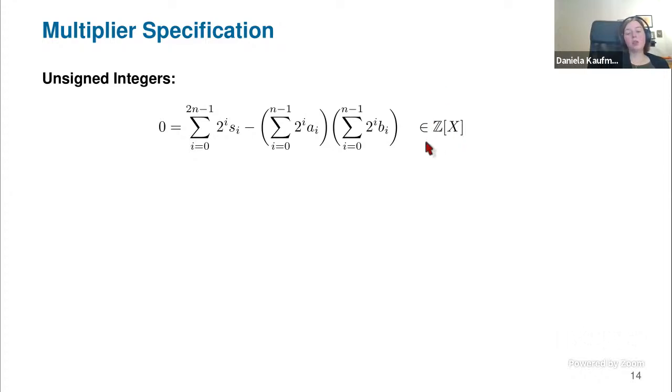We choose the polynomial ring here over the integers because we want to model integer multiplication, so this seems to be the natural choice. A comment here: although each of the variables represents a Boolean variable, the word level specification is defined over the integers.